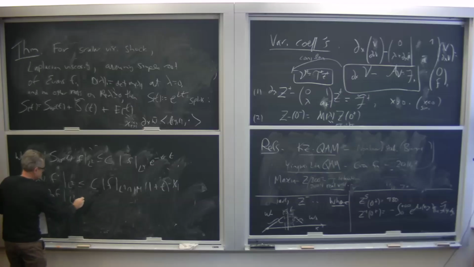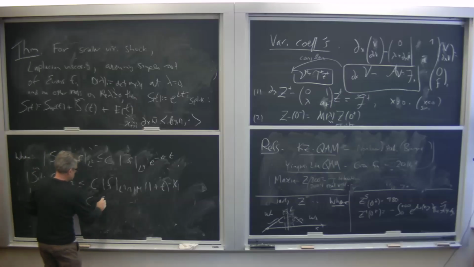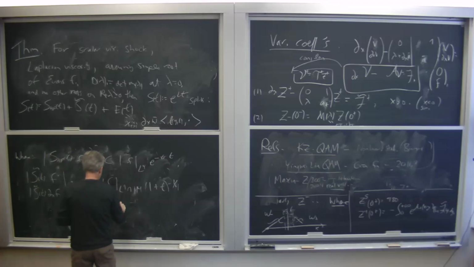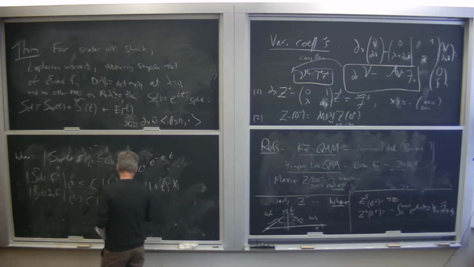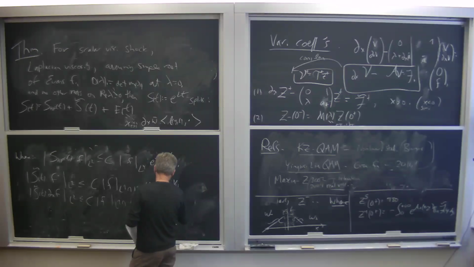And the derivative estimate, L1 intersect H5, 1 plus t to the minus 3/4.